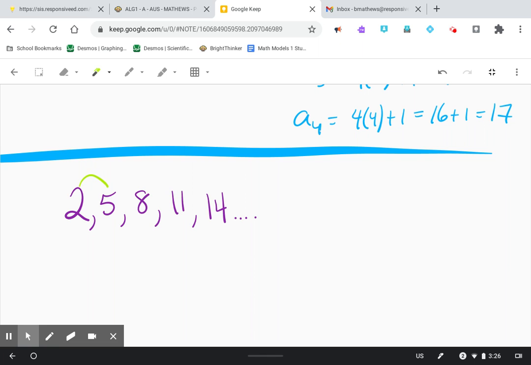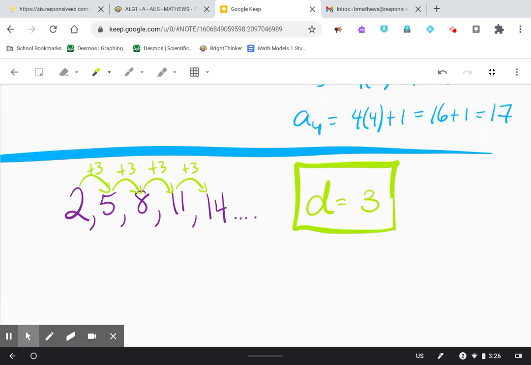To go from 2 to 5, I add 3. 5 to 8, add 3. Add 3, add 3. This should connect to the ideas of linear functions that we've been working with in this unit so far. In this case, d would be 3 because the amount it's changing from each term to the next is 3.